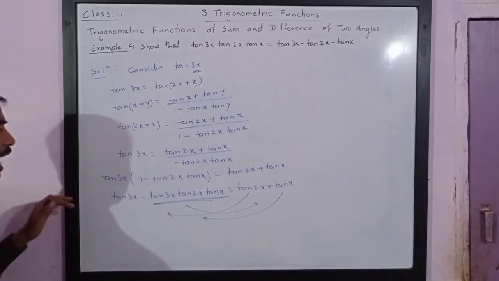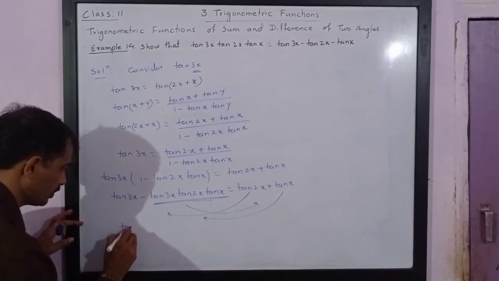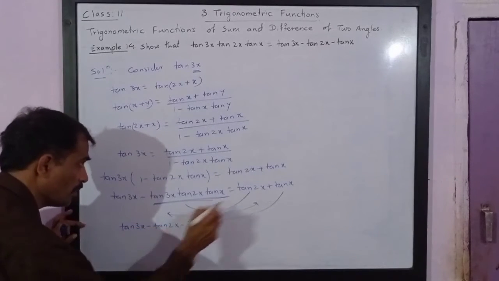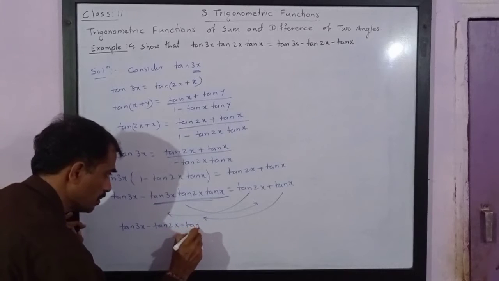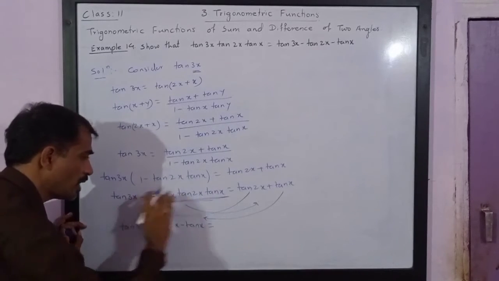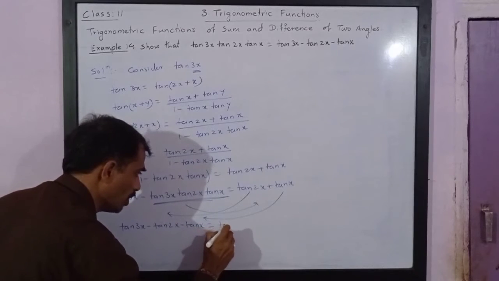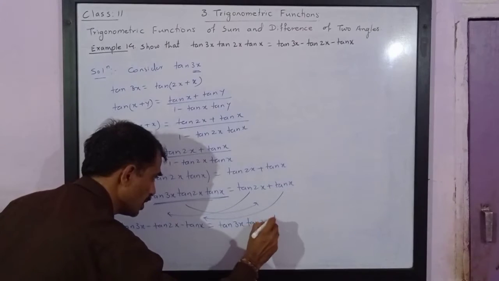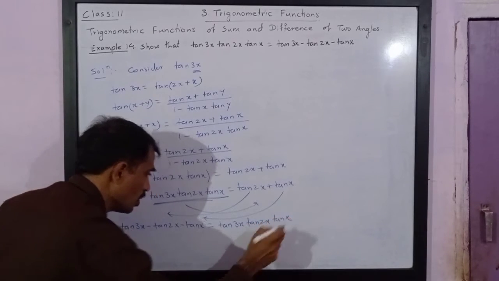So we will get tan 3x minus tan 2x minus tan x is equal to, this is a single term, so its sign will become positive, tan 3x into tan 2x into tan x. Watch carefully.